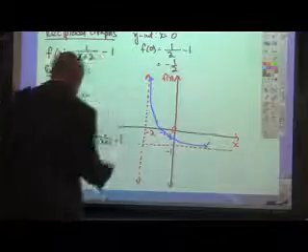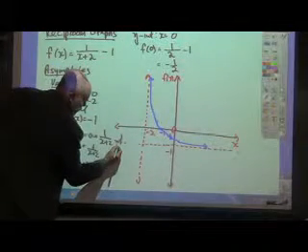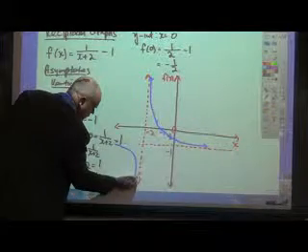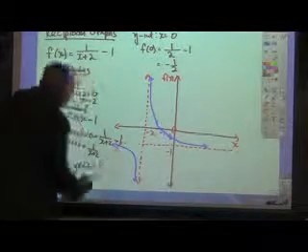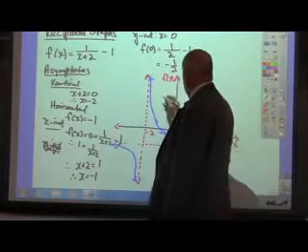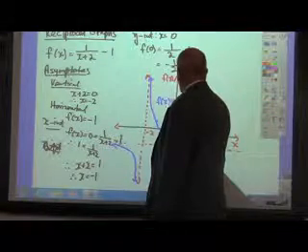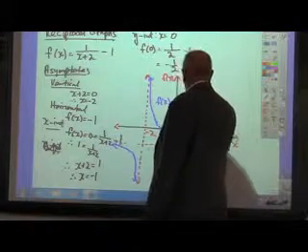And my other branch, well, it's not going to occupy much space, like so. And there is a sketch of the function f of x equals 1 over x plus 2 minus 1.